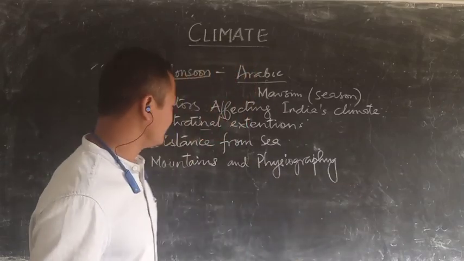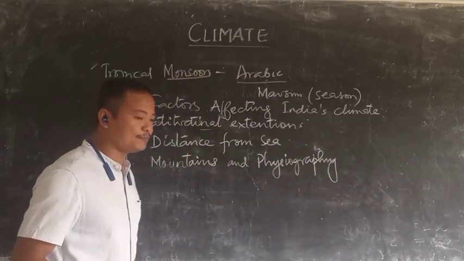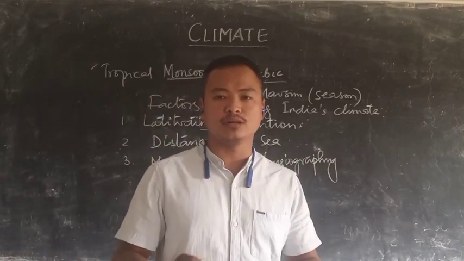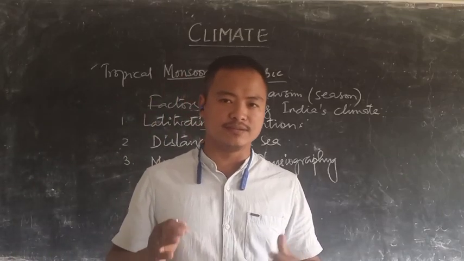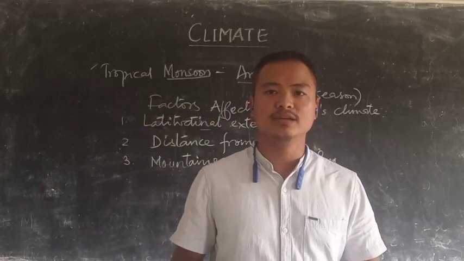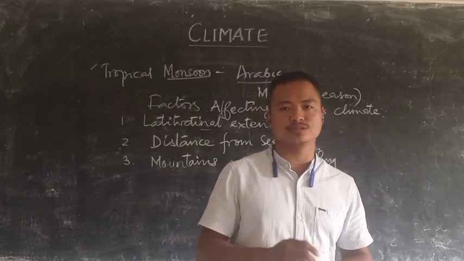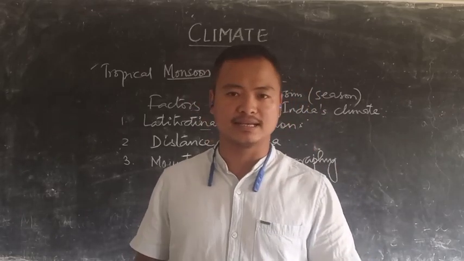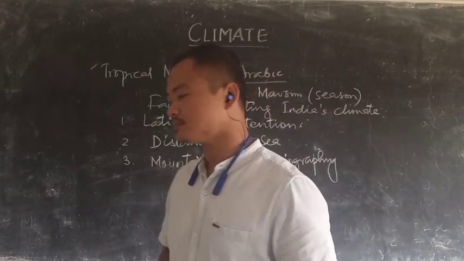So this is how the mountain system has been very helpful in moderating the temperatures, or you can say even allowing rainfall to occur in India. So this is how we can say the Himalayas controls the climate of India, acting as a climatic divide.